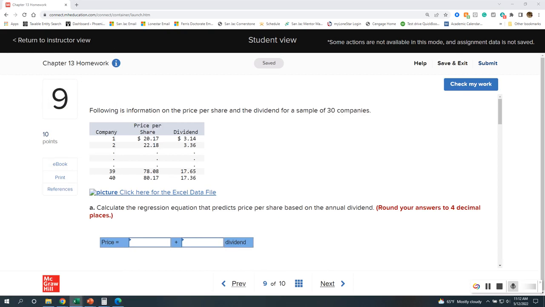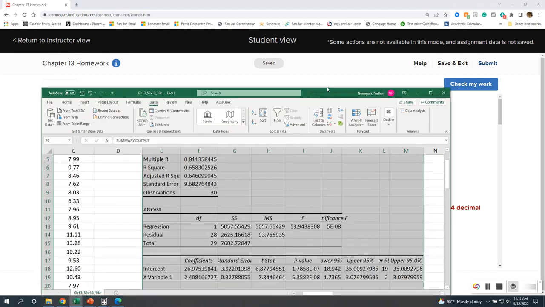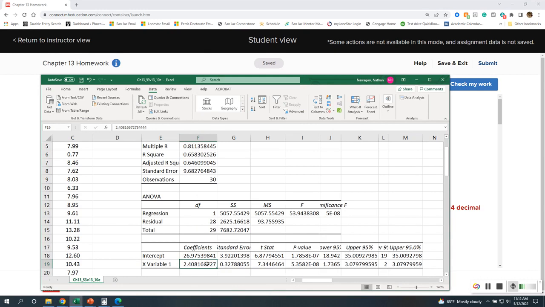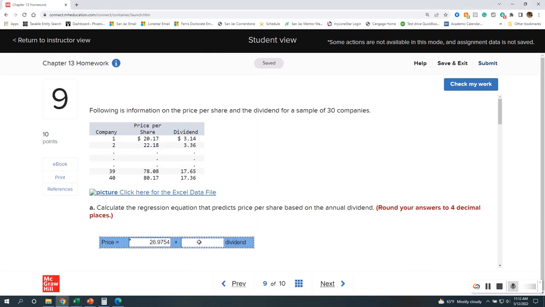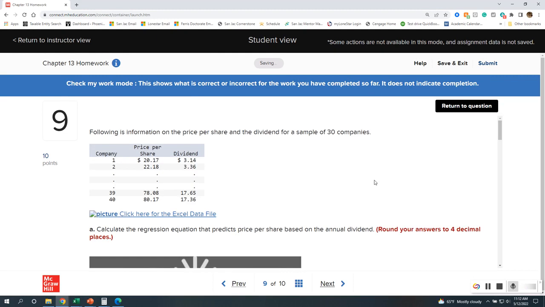So price equals the y-intercept, which was 26.975. Again, we're going to be rounding. So remember, y-intercept, and there's our slope. So 2.4082. Check.